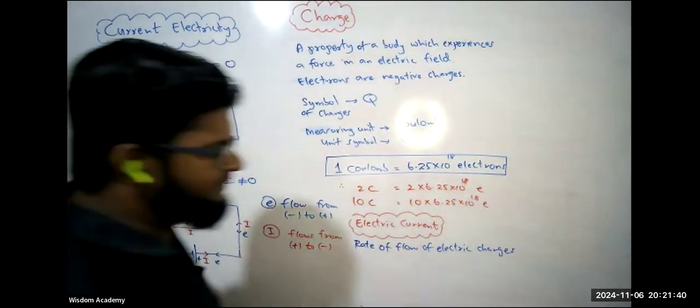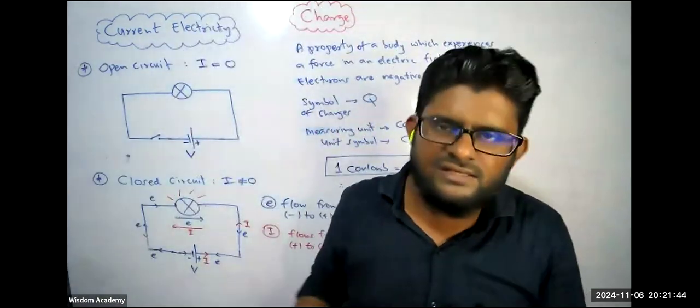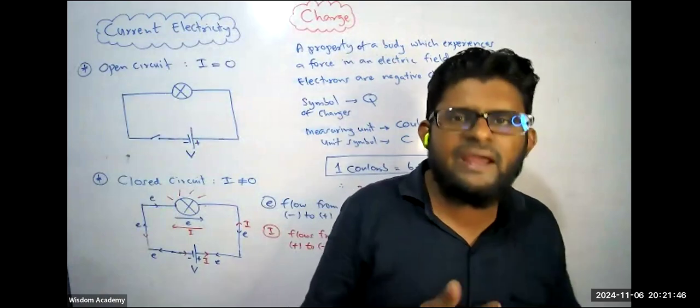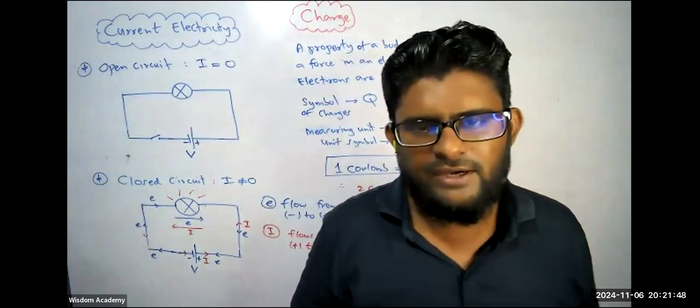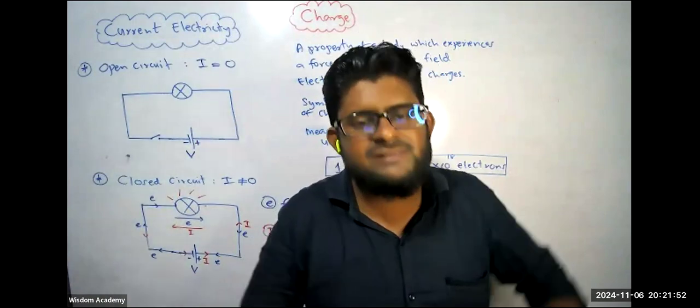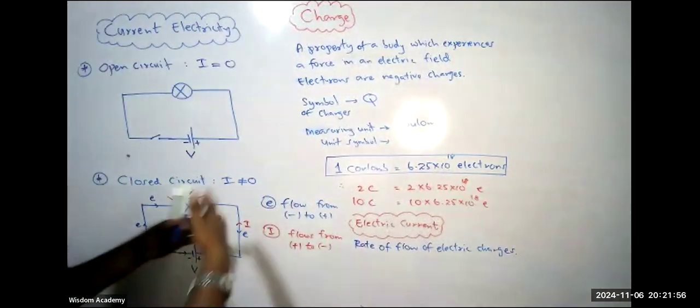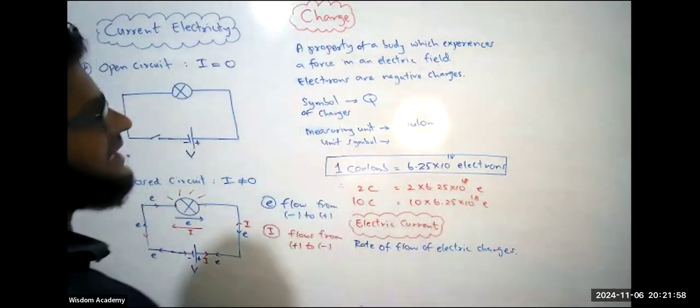Now, whenever the current is flowing out, it would be taking energy out. That means there will be energy transfer. Work is done because the charges are moving out, so energy is transferred. Accordingly, we can build up a formula between the current and the charge.